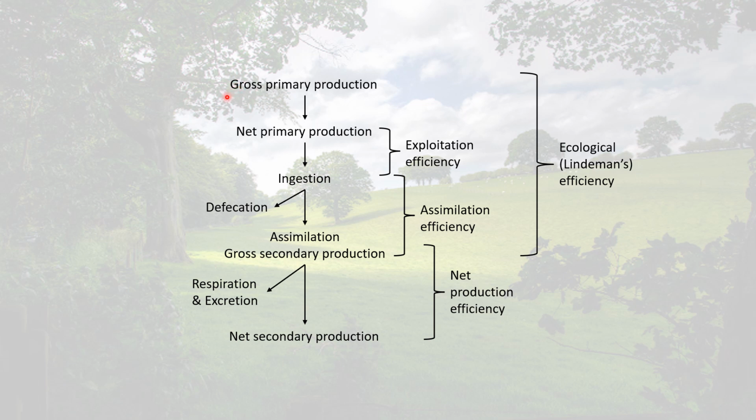The gross primary production is the value where the autotrophs capture the energy from the sun, but the amount of energy which is actually fixed and used by the plants is the net primary production.